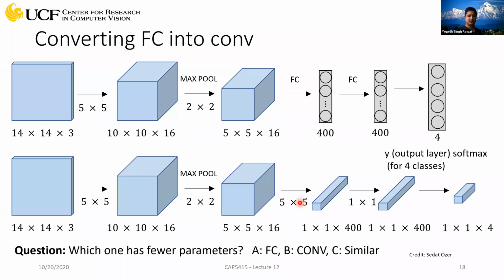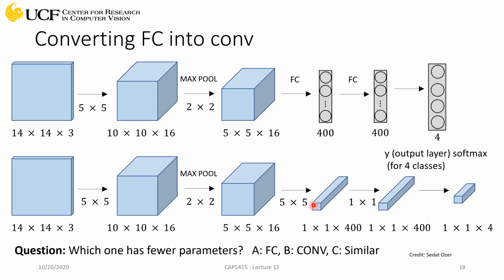So when you place this kernel on this feature map, there is only one possibility, just the center. You will use this kernel only once. No, but how do we get the 400? So you will have 400 such kernels. For each neuron, you will have one kernel. So it's like you have 400 different kernels.